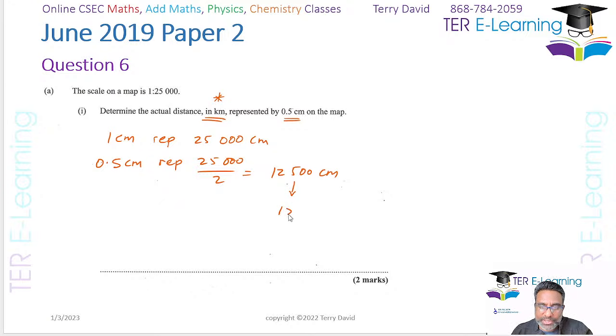So if I divide by 100, I'm going to get 125 meters. To convert from meters to kilometers, I'm going to divide by 1,000. So this is going to be 0.125 kilometers. That's my answer there, 0.125 kilometers.